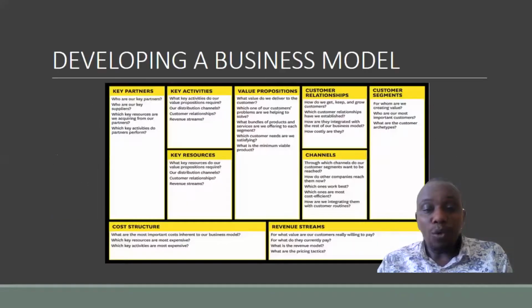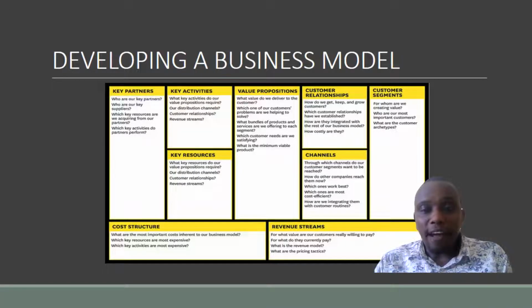Now, at this juncture, we use what we call a business model. And a business model is just a concept or a template that helps us to understand some of the important aspects that we need before we start our business. So what I'm going to use in this lesson is what we call the Business Model Canvas by Alexander Osterwalder.